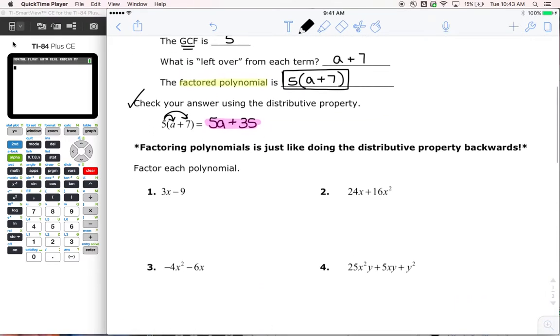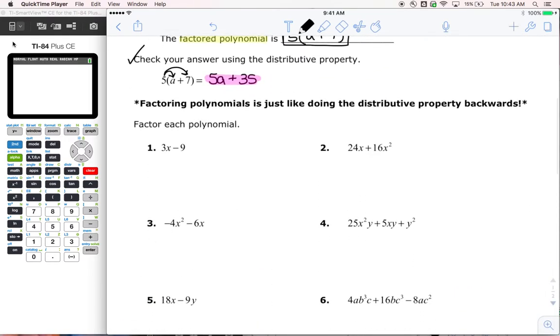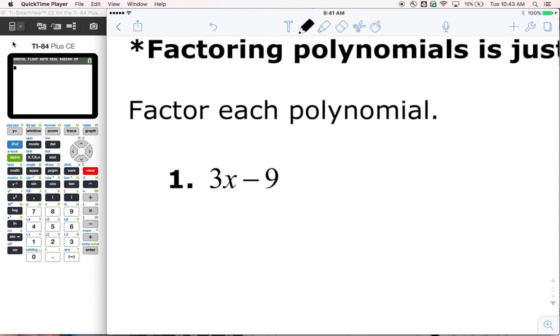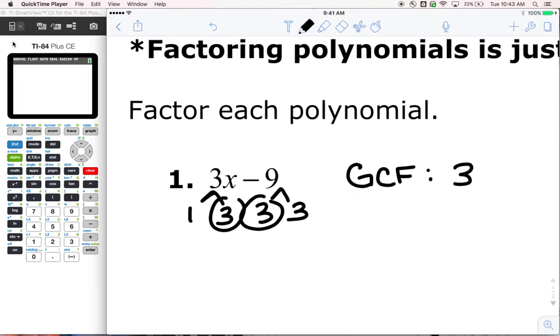So let's look at a few different examples. We've got 3x minus 9. First we always want to identify, what is the GCF? What do they have in common? Well, they don't both have x. What about the number 3? 3 can be multiplied 1 times 3, and 9 can be multiplied 3 times 3. They both have 3 in common.